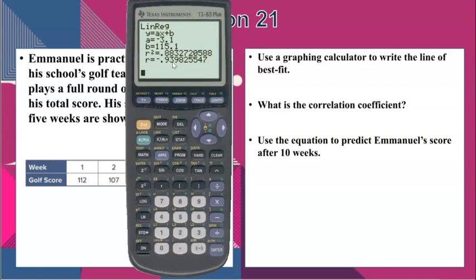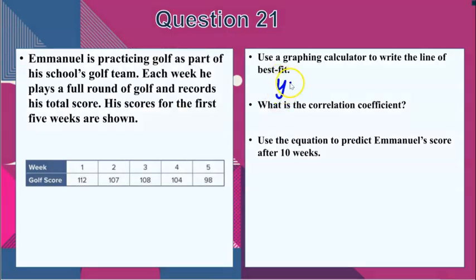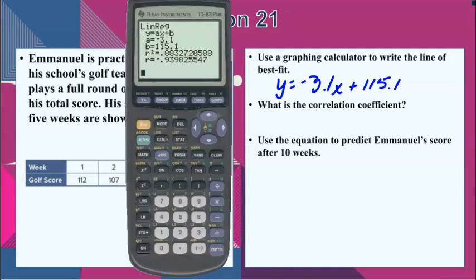So our line of best fit will be y equals negative 3.1x plus 115.1. And our correlation coefficient is negative 0.94.